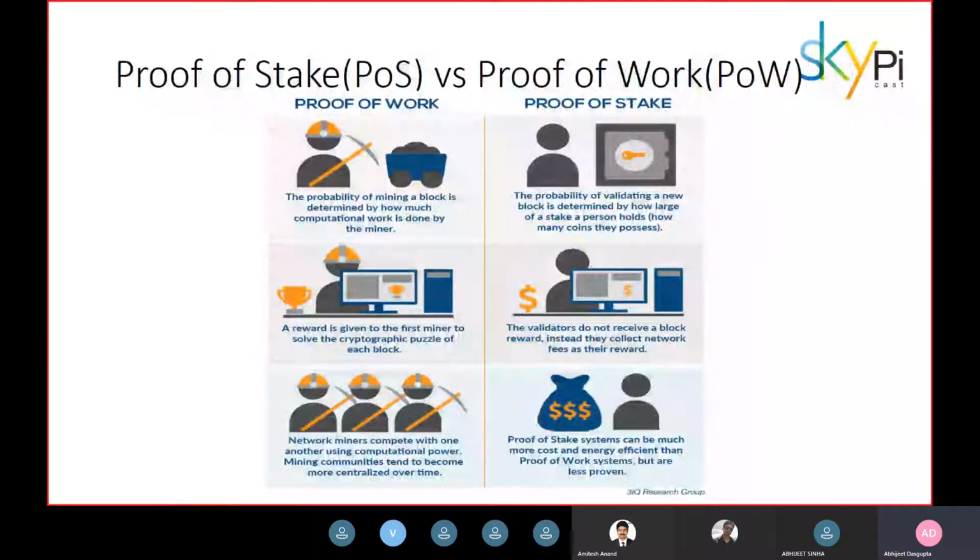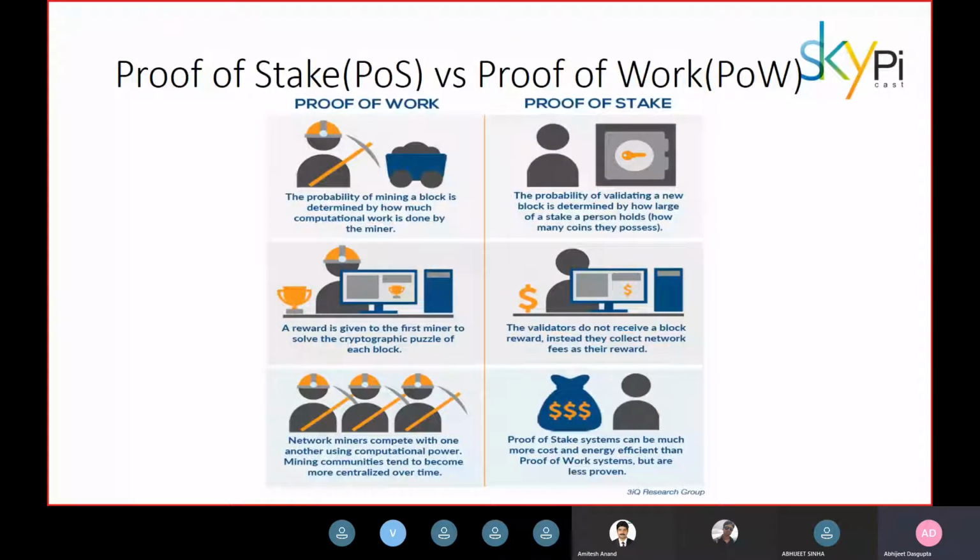Note that in proof of work, the validators, the nodes performing sanity checks and validations of transactions, are known as miners. The probability of mining a block is determined by how much effort they put in, and this effort is the actual computational work done by them.